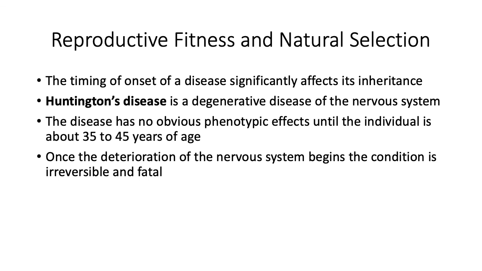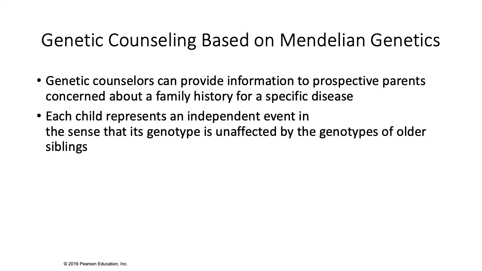Until the disease sets in, an individual might not even know that they are carrying the dominant Huntington's disease allele. That individual may have passed the gene on to their children before they even realized that it was a gene that they carried.